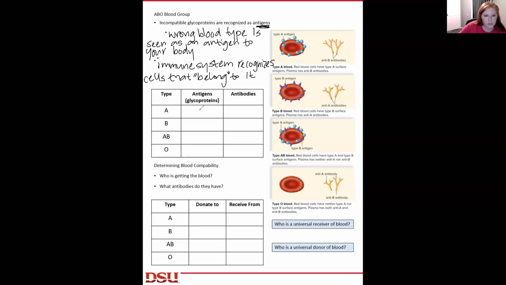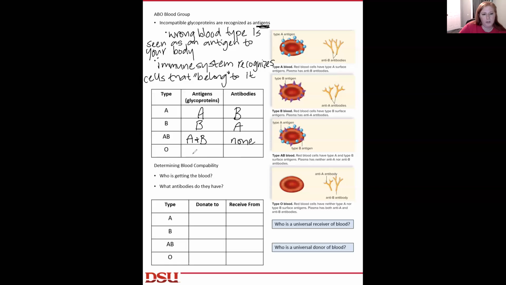Okay, so here's that word antigen again in the use of the glycoprotein markers that are on the surface. Type A blood is going to have a type A antigen, which means it has an antibody, which are the things that destroy antigens, to type B. Then type B blood has a type B antigen, which means it has an antibody of A. AB blood has antigens of both A and B, which means it doesn't have any antibodies because they can get A or B and it's like, it's all good, it's part of me.